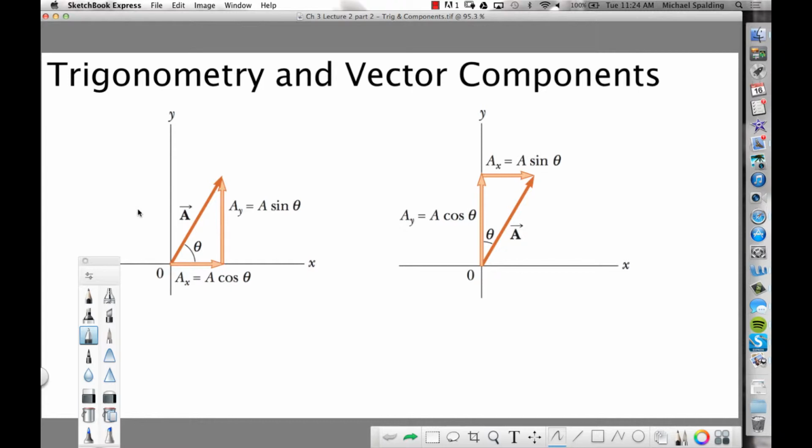Any vector is going to have X component, Y component, if it's not already perfectly X or perfectly Y. So let's look at this diagram here on the left. Look. So we got vector A, so this right here is the X component. This right here is the Y component. If you add the X component and the Y component together, you're going to get vector A, right?